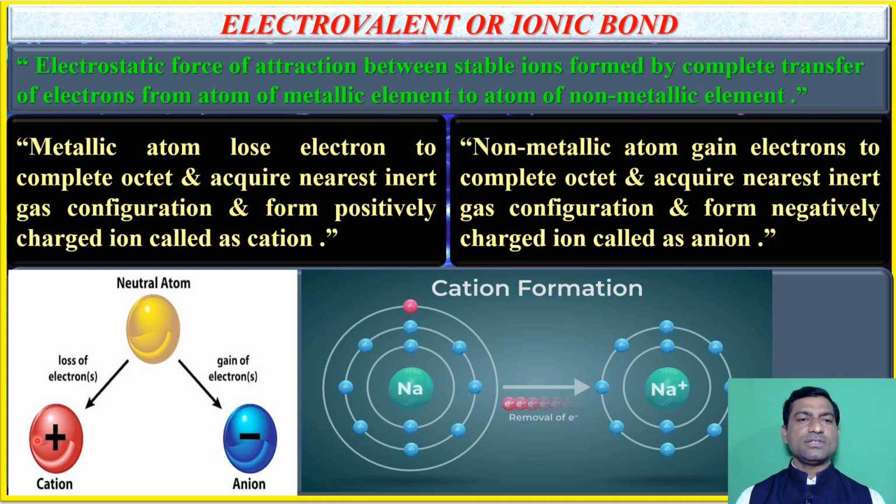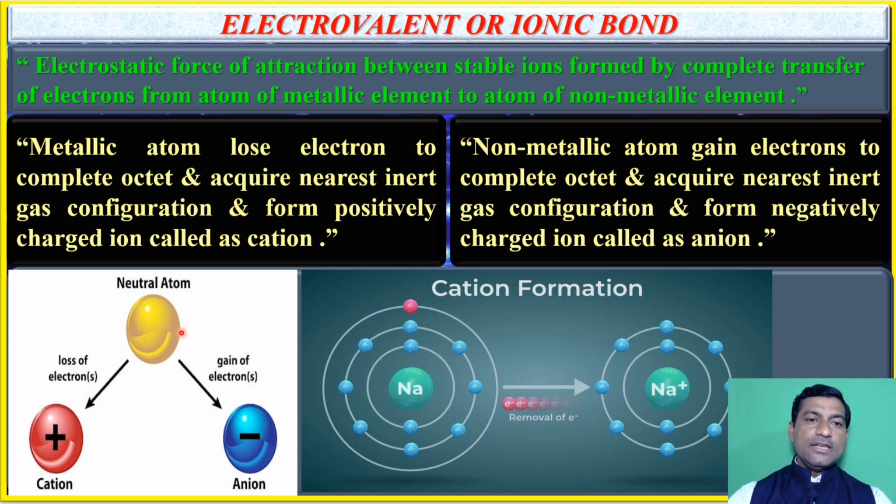Means first of all, the metallic atom donates or loses the electron and acquires a positive charge, that is called a cation, and the non-metallic atom accepts the electron donated by the metallic atom and acquires a negative charge. If the ion has a positive charge, that is the cation. If the ion has a negative charge, that is the anion.